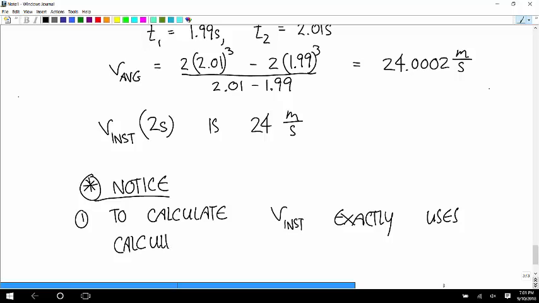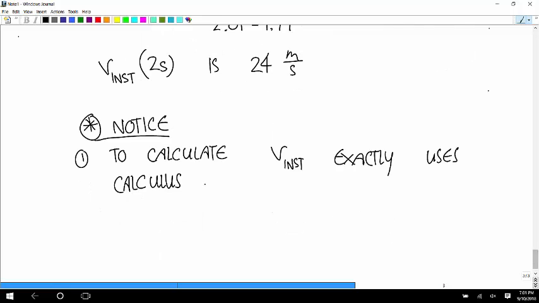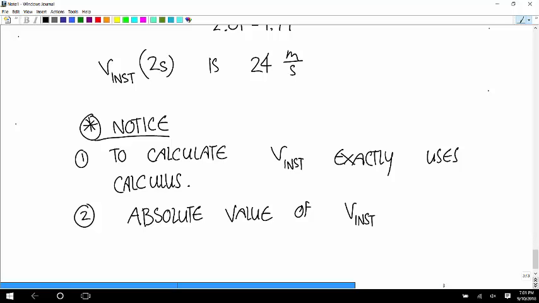So if you're wondering where calculus comes into physics, this is the most important place where it does. Second thing is the absolute value of the instantaneous velocity is the instantaneous speed.